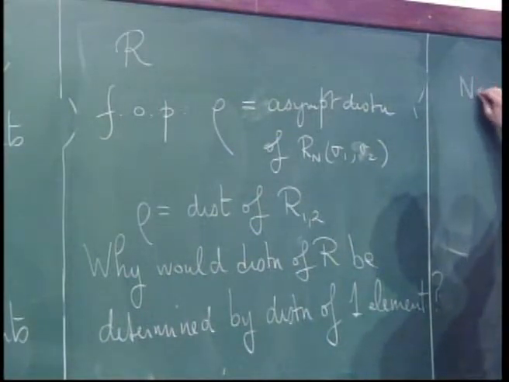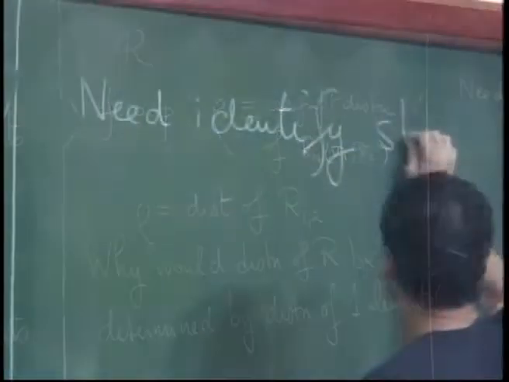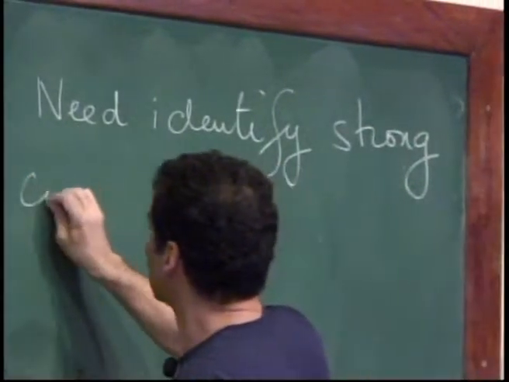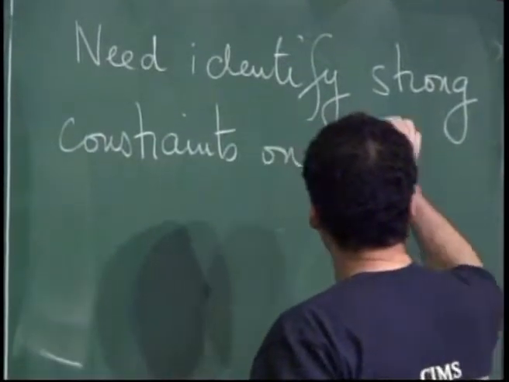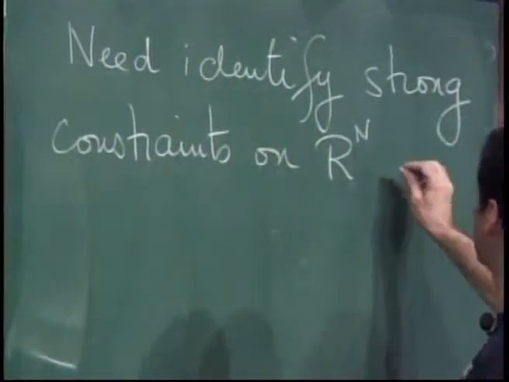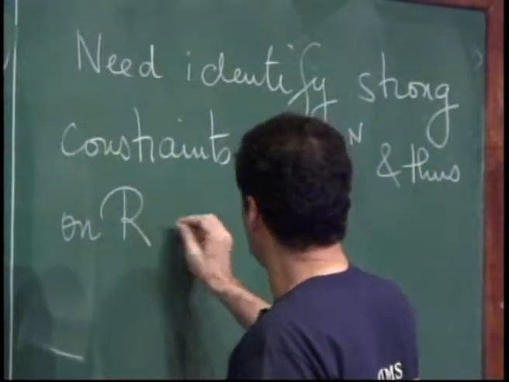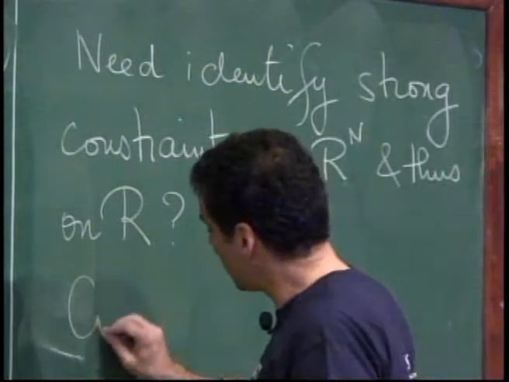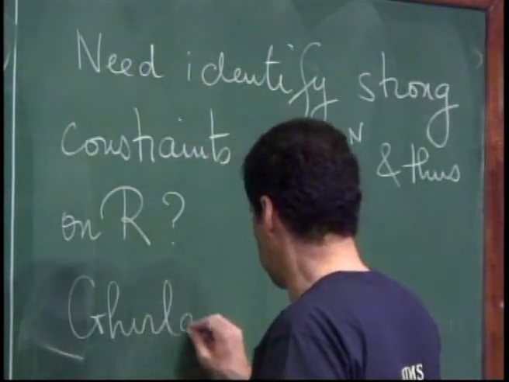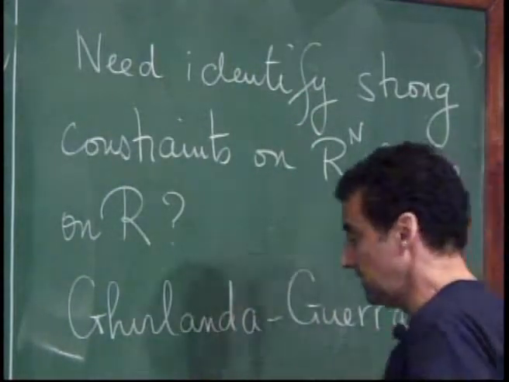So you need to identify some very strong constraints on the model. So the constraints we will identify will be on Rn, the finite thing, and thus on R. These constraints are now known, and that's called the Ghirlanda-Guerra or the extended Ghirlanda-Guerra identities.